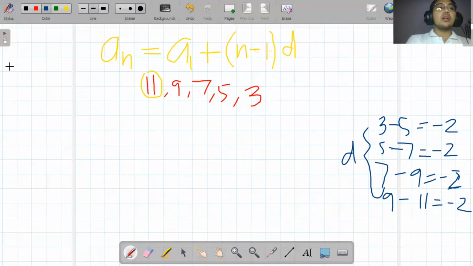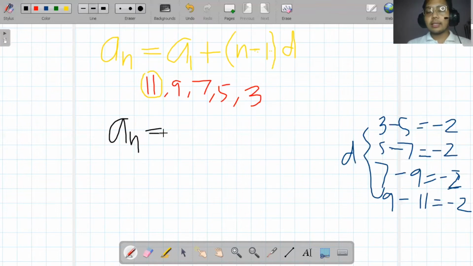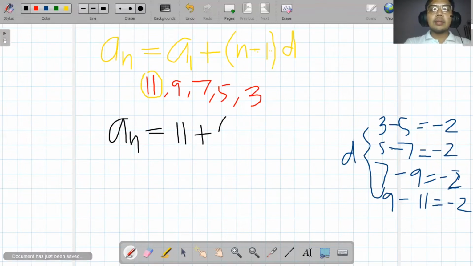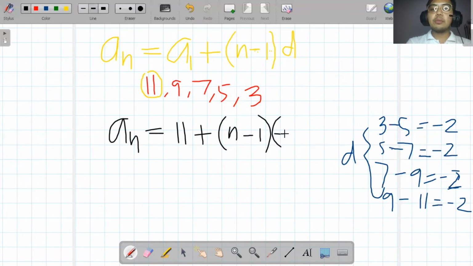So we write, your answer would be a sub n equals, you do not substitute n, because we are not looking for the nth term at a specific position. You have a sub 1, 11, plus n minus 1 times your common difference, which is negative 2. It is important to place the negative number inside the parenthesis.